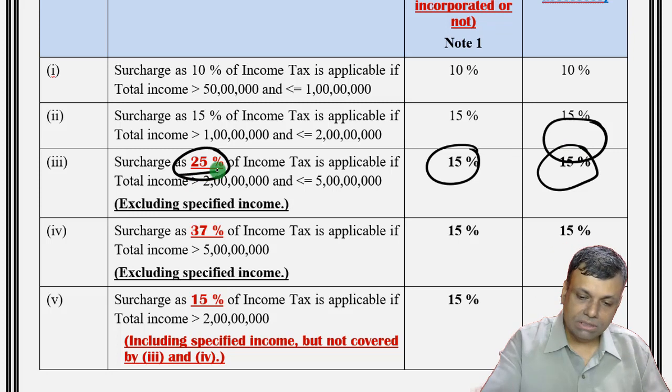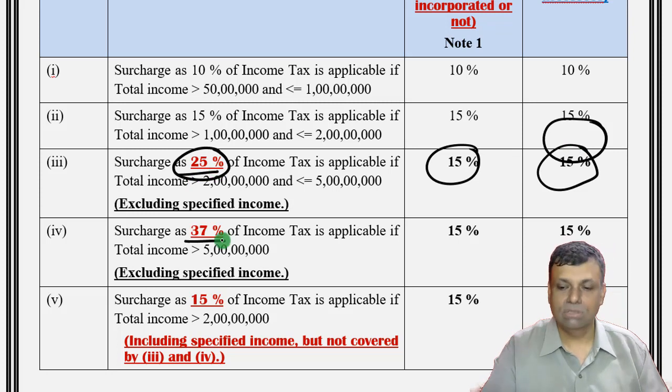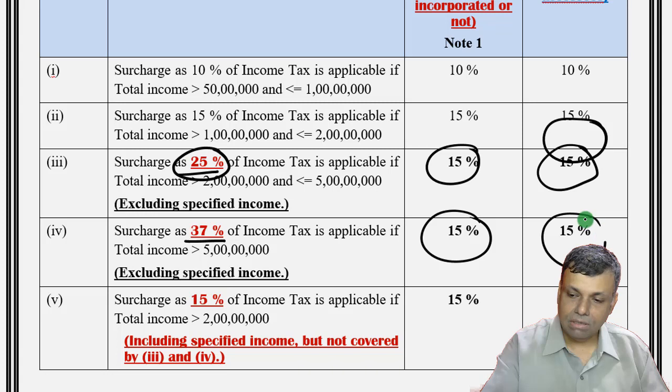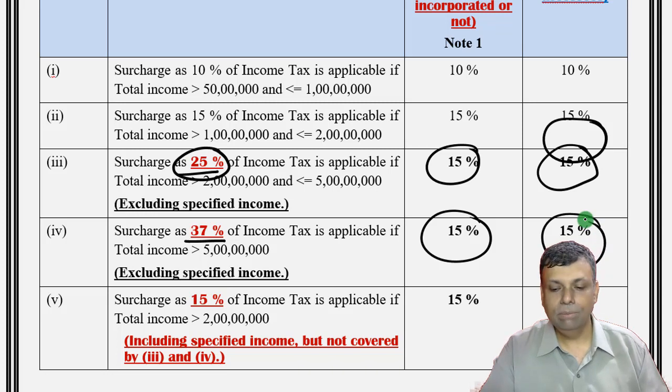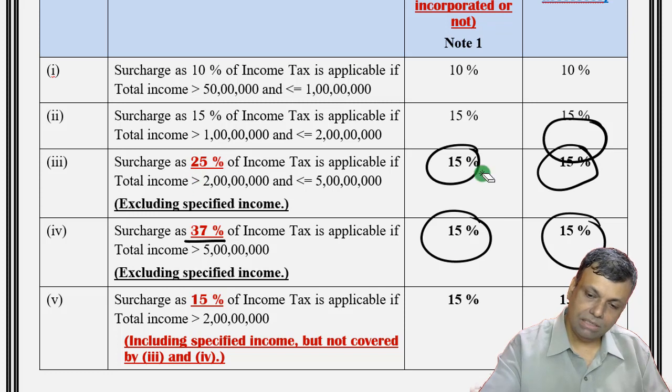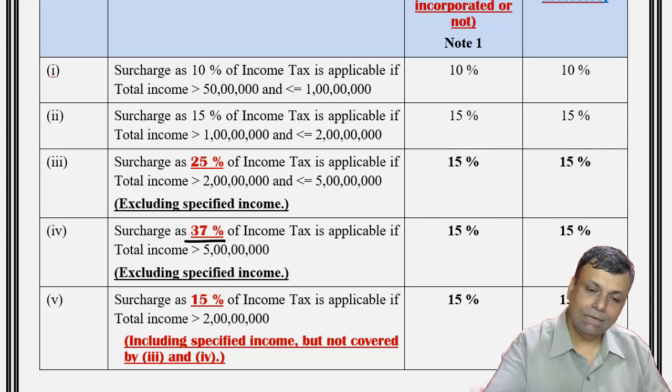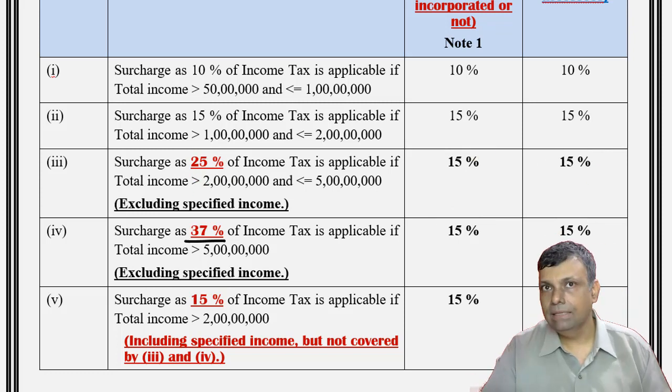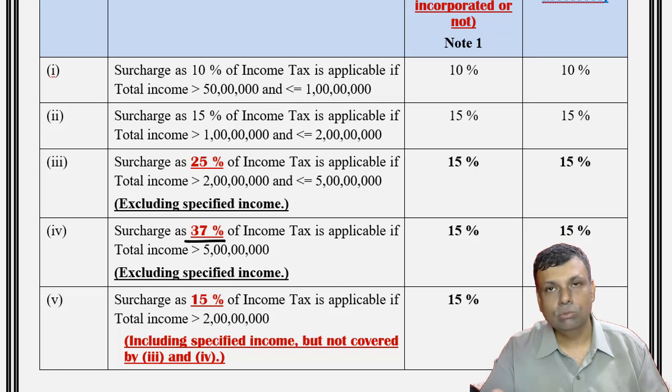Normally it is 25, and where it was 37% for this type of income, it is going to be only 15% surcharge. Okay, but now friends, you will have a little bit of confusion in doing the calculation here, to identify how exactly the surcharge calculation should be done.